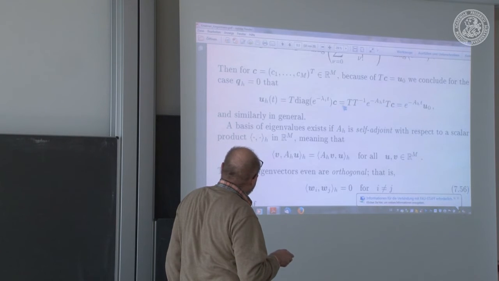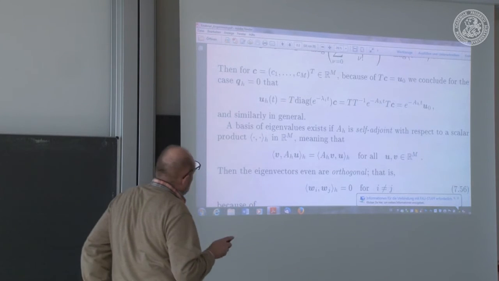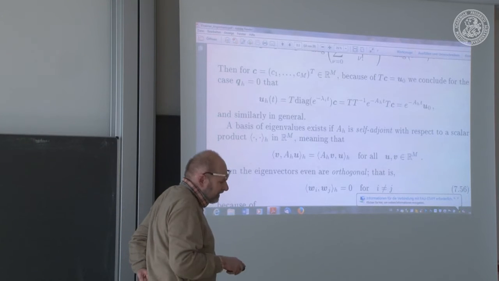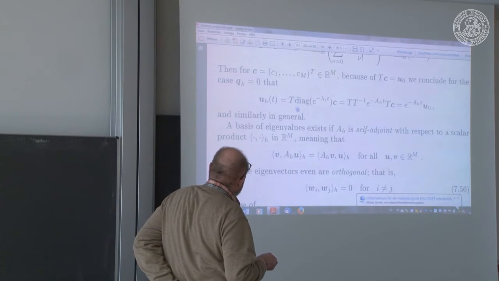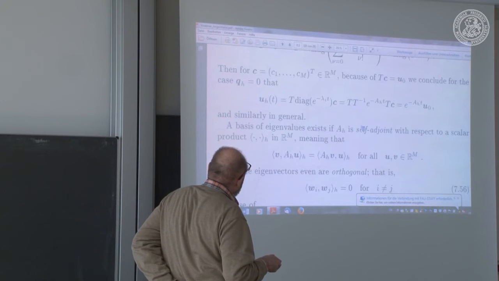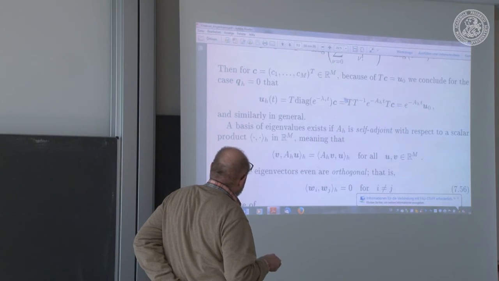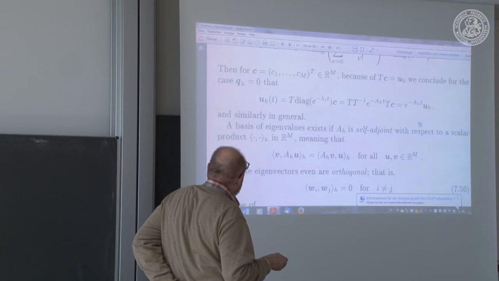It's what we have proven: we don't have to use the eigenvector property again because we did this already. We have proved already that this matrix is the similarity transformation of this matrix here. So we plug this in. This goes away. This is our initial data, so we get this compact form.